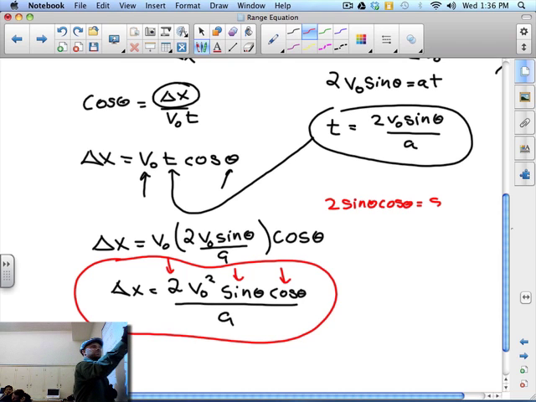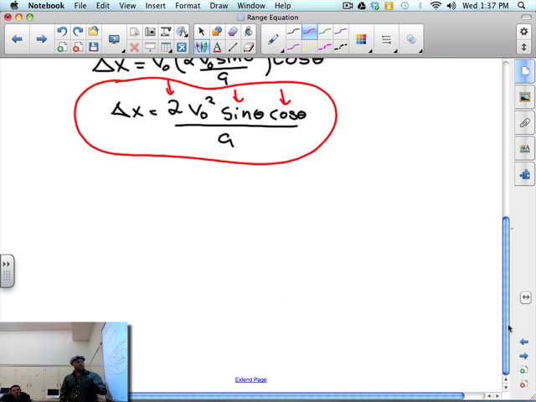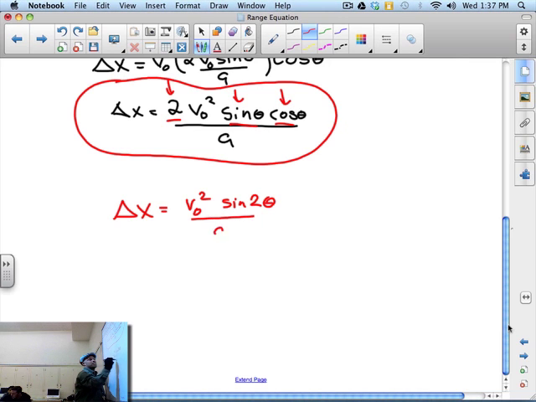It's sine 2 theta. Look how beautiful it becomes. It's amazing. So I'm going to get rid of that, and just call it v naught squared sine 2 theta all over a. And we're done. Are you guys good?